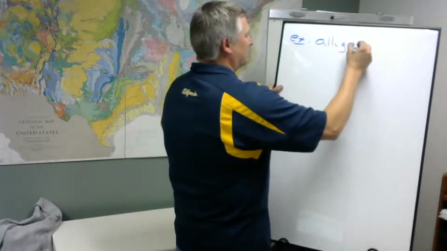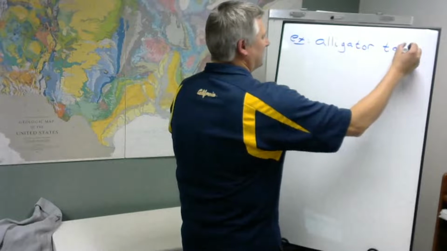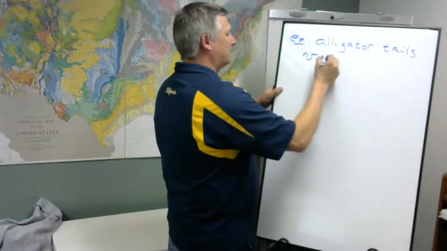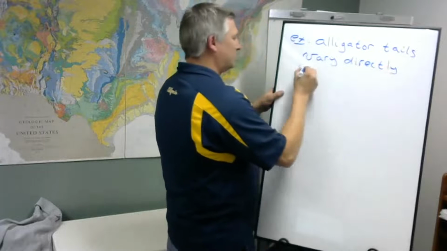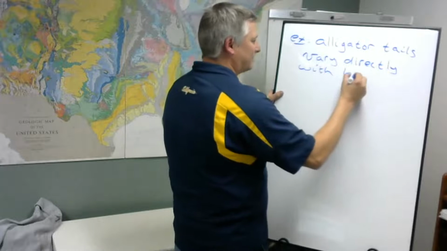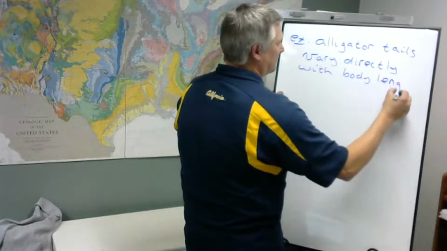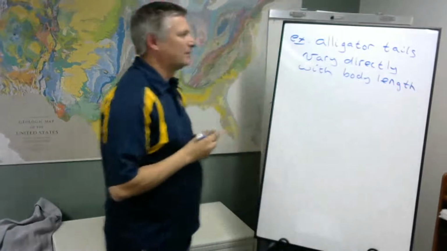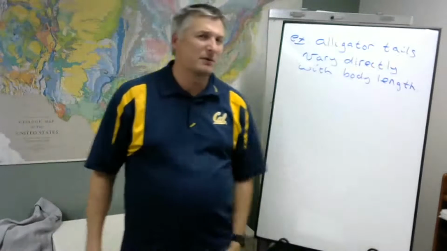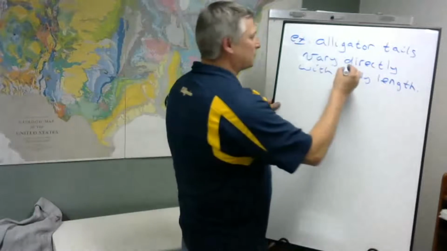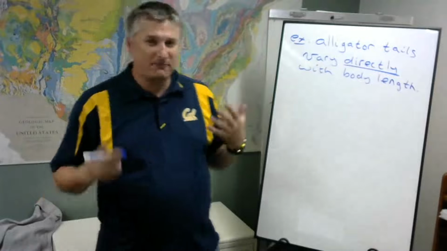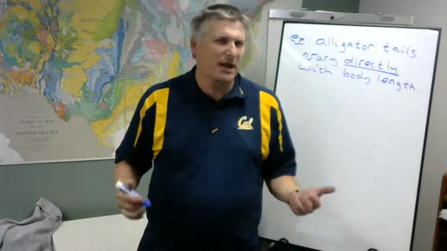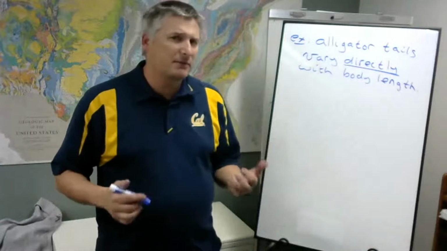So alligator tails vary directly with body length. This is the length of alligator tails we're talking about. And they vary directly, so we're going to have that formula of direct variation, y equals kx. Now they're going to give us some information.